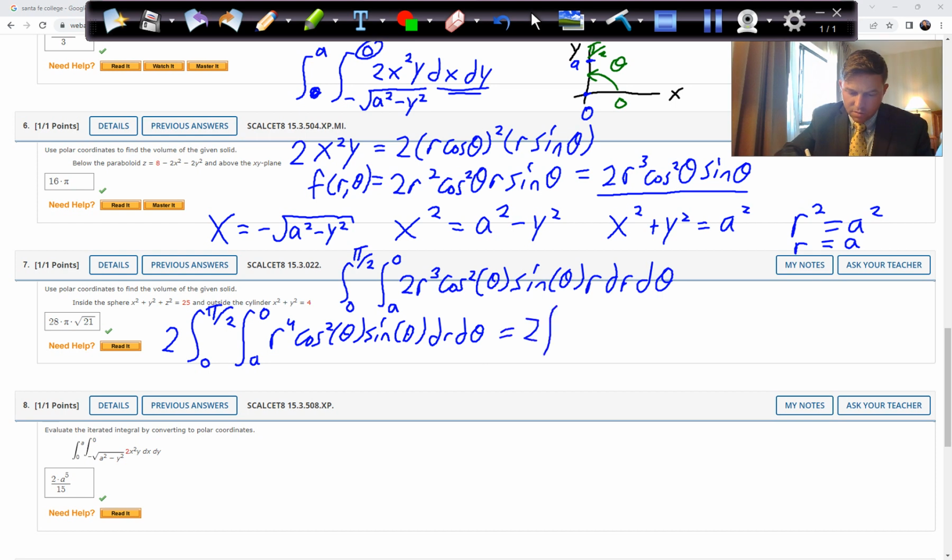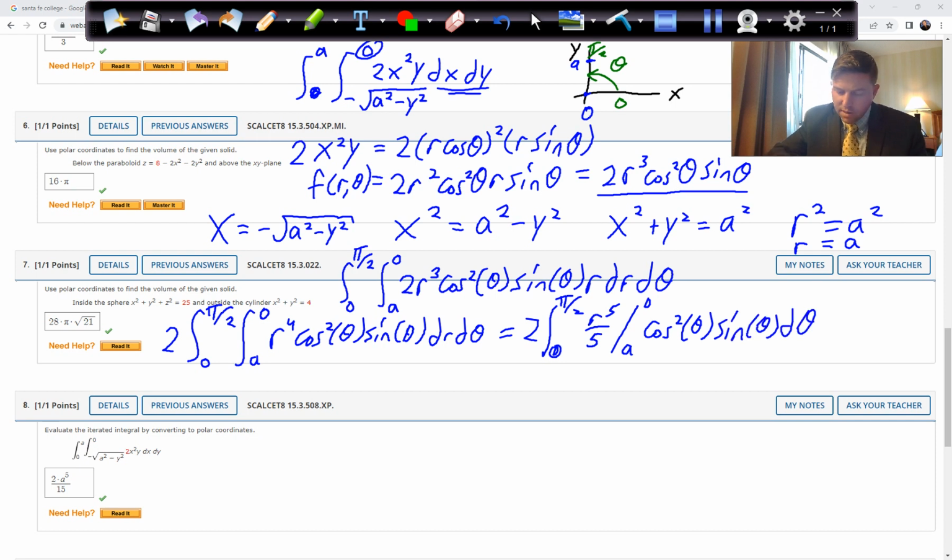This would be 2, 0 to pi over 2, of r to the 5th over 5, and then that's going to go from a to 0 of cosine squared theta sine theta d theta. Now this upper limit 0 is going to plug in here and be 0 to the 5th and kill everything off.